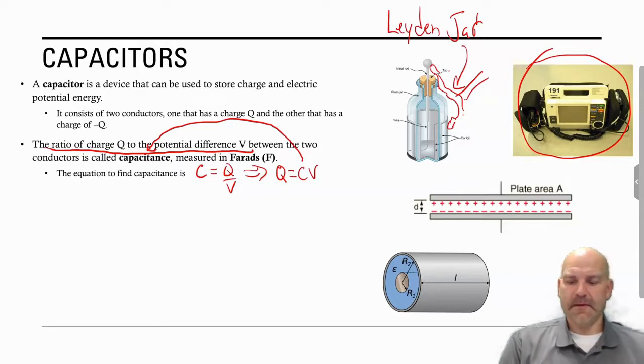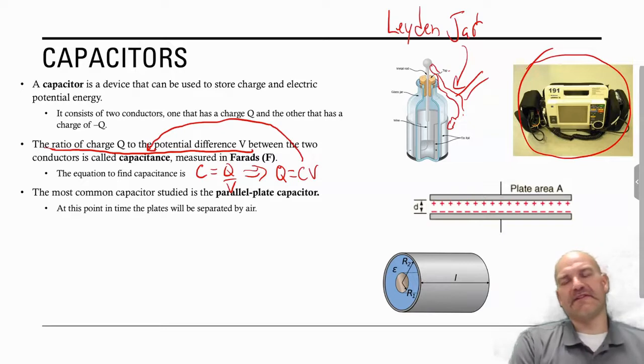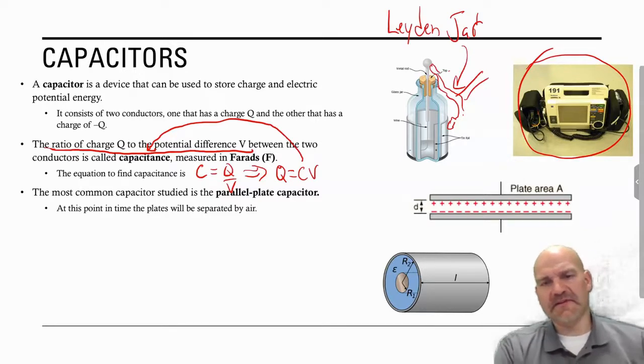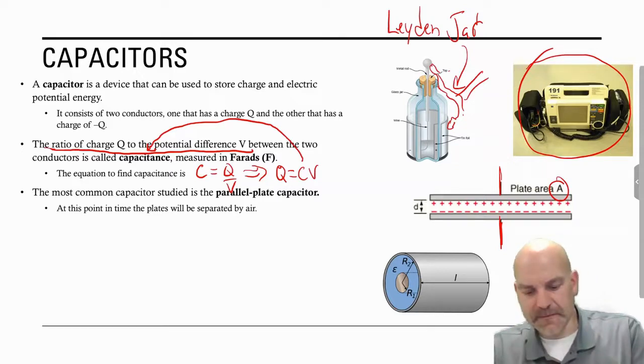Now, the most common capacitor that is studied in AP Physics C and really in all electricity and magnetism courses is what we call a parallel plate capacitor. The way a parallel plate is set up is that you have two charged plates of an area, attached into an electric circuit.